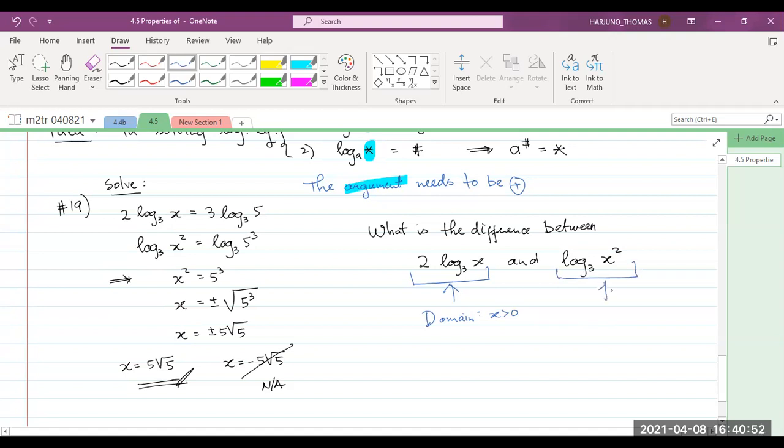The domain requires x squared to be positive, so the domain is basically all real numbers except 0, because even when x is negative, when you square it, it becomes positive anyway. So you see that these two expressions, even though they seem to be equal under property number 3, are actually different, because property number 3 has the assumption that x is positive.